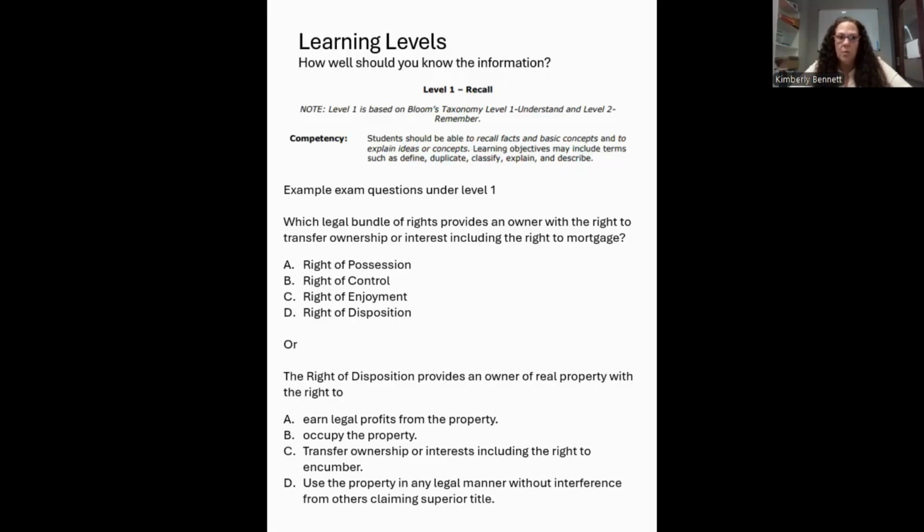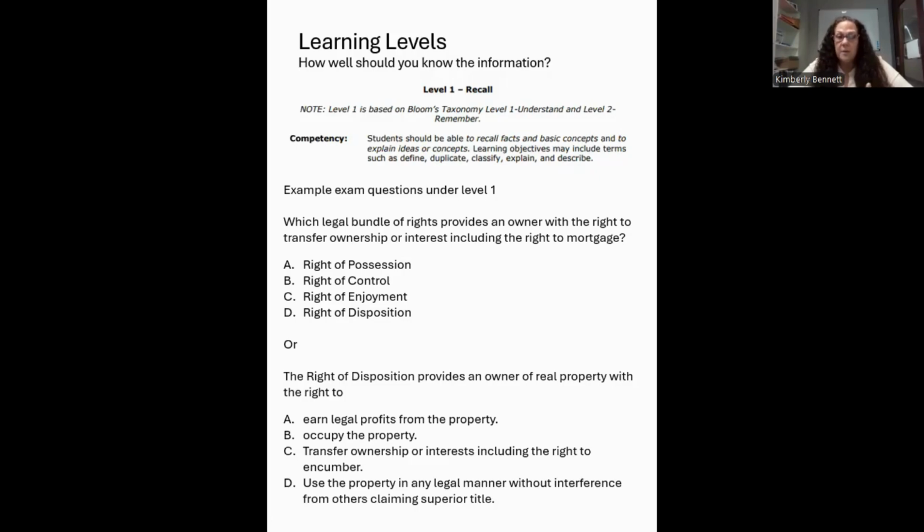Now, if you know what the right of possession, right of control, right of enjoyment, right of disposition definitions are for each one of those, this question is going to be super easy to answer. To occupy the property, that's the right of possession. Use the property in a legal manner without interference from others claiming superior title, that's the right of enjoyment.